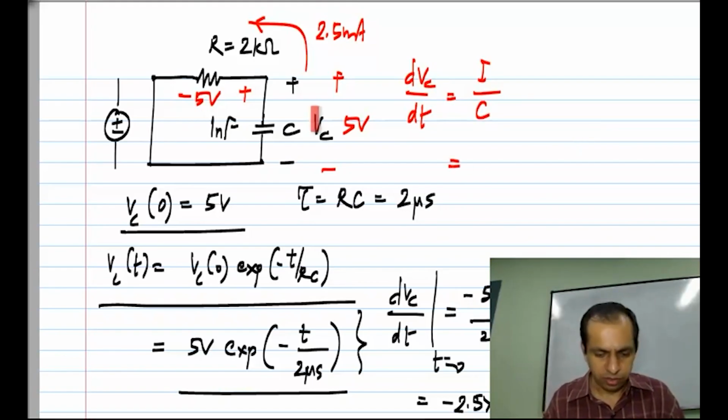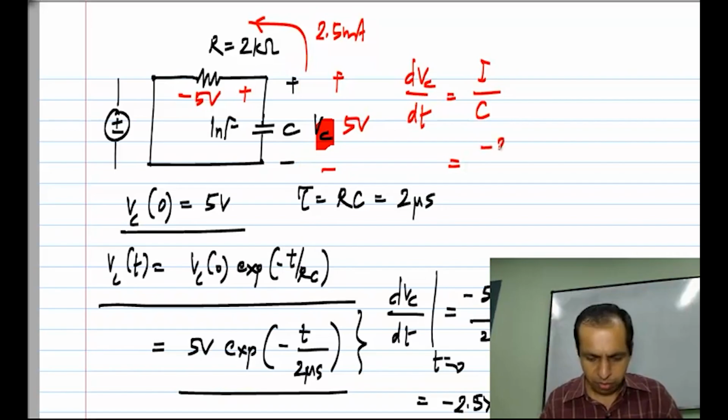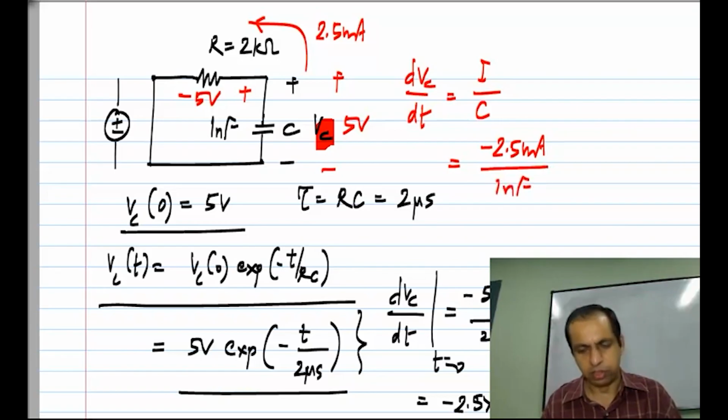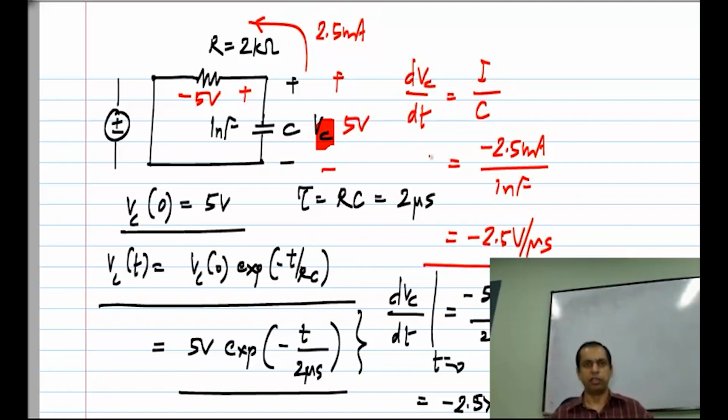And the current, if you take the signs for Vc this way and by passive sign convention, the capacitor current is minus 2.5 milliamperes and C is 1 nanofarad. So this will come out to be minus 2.5 volts per microsecond. So you can see it directly from the circuit as well, and this is also important, to be able to look at the circuit and gauge the answers.